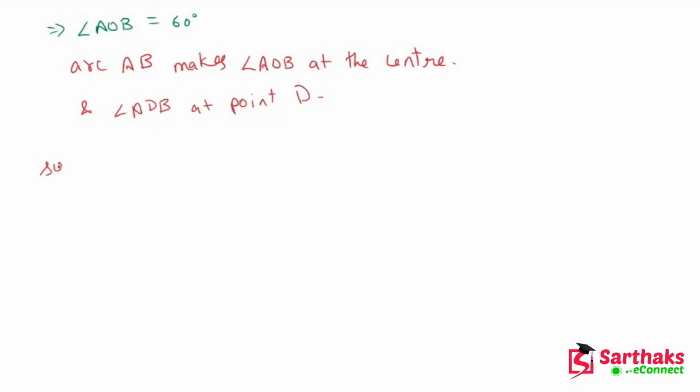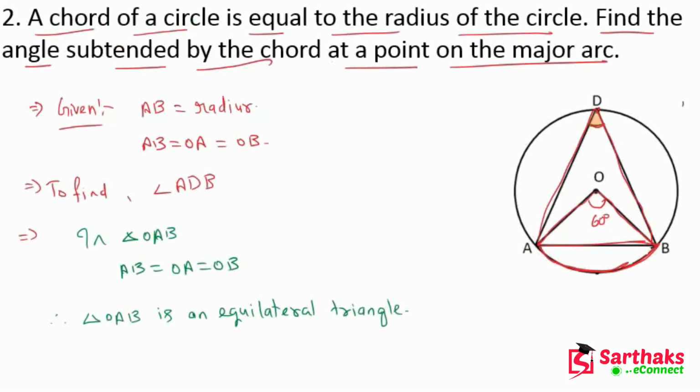So angle AOB is equal to twice angle ADB.